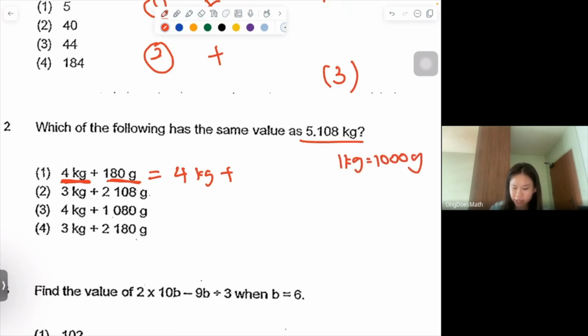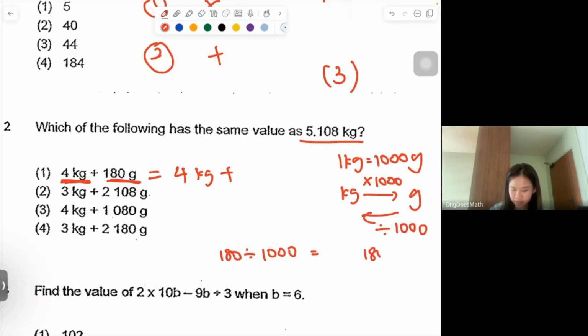So to convert from kg to gram, you times 1000. But to do it the other way around, gram to kg, you have to do reverse. So you reverse engineer the whole thing. You divide it by 1000 instead. So what's 180 divided by 1000? It's just 180.